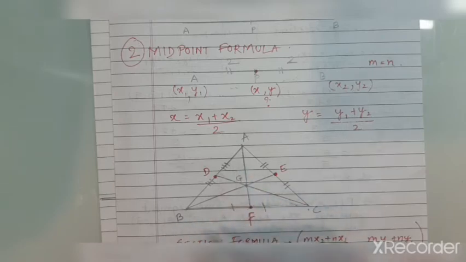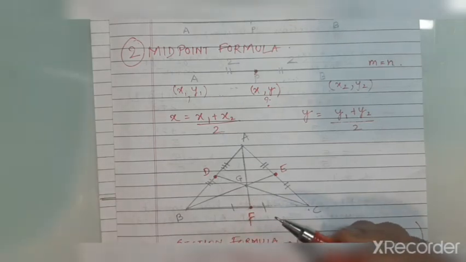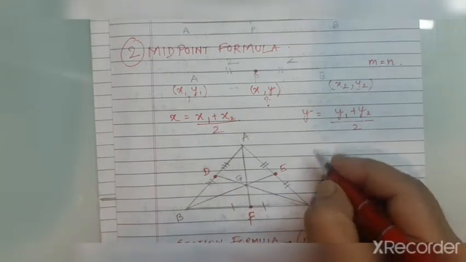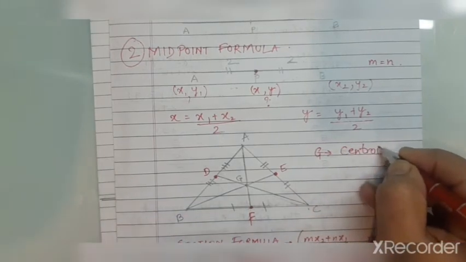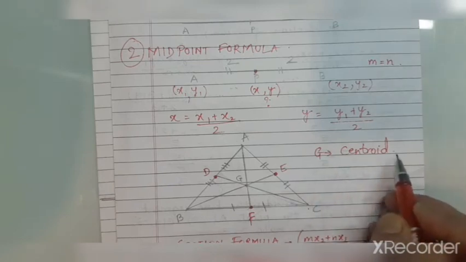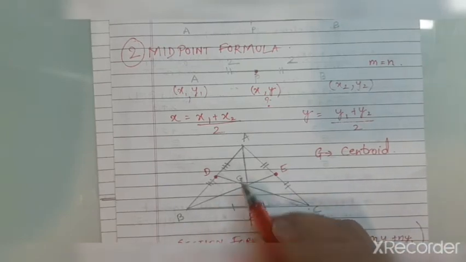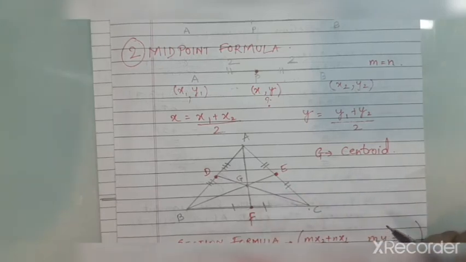Okay. The medians of a triangle are always concurrent lines, and this point G is the point of concurrence, and this point G is called as centroid. Point G is called as centroid. Okay, the point of concurrence of the medians is called a centroid.